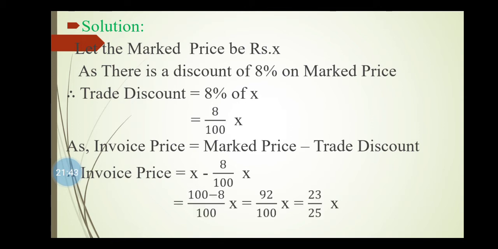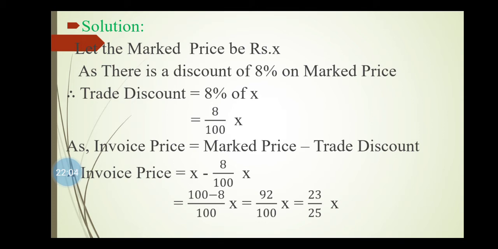It is equal to, when we solve this fraction, how can we solve this? Whenever we have to subtract a fraction, what do we do? We have to cross multiply, which means X is multiplied by 100.